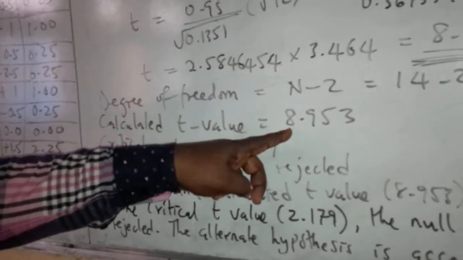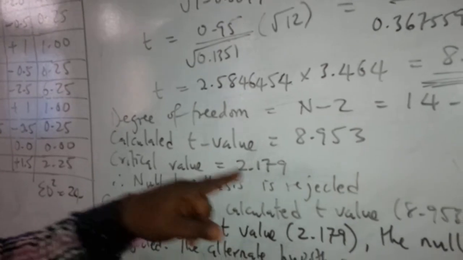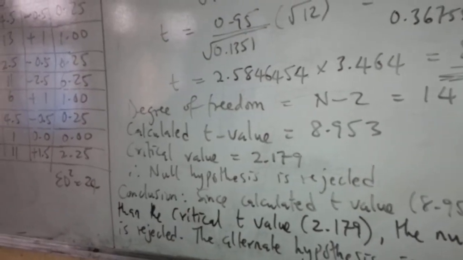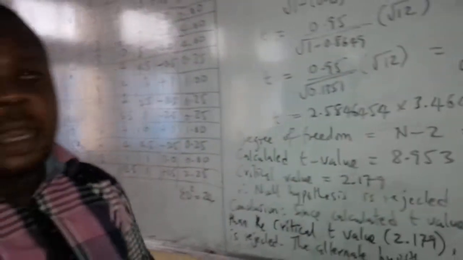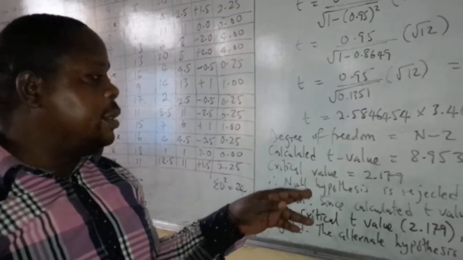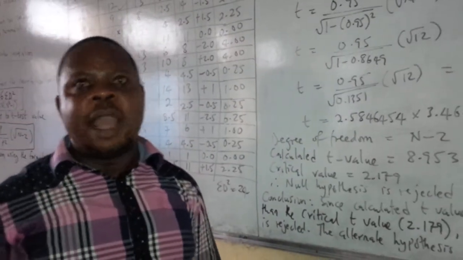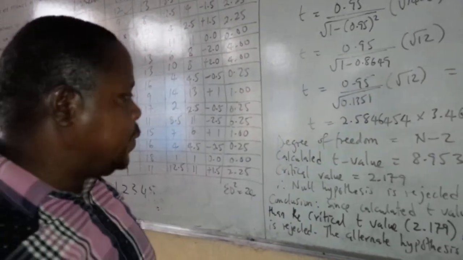And since the calculated value is greater than the critical value, of course you know, we have discussed this severally in our class, that where the calculated t-value is greater than the critical t-value, the null hypothesis is rejected, while the alternate hypothesis is accepted.